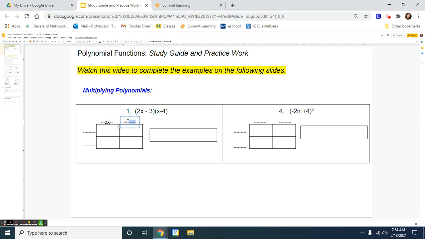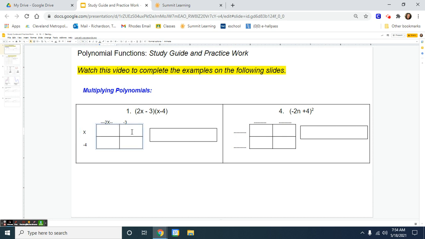So 2x and then a minus 3. I'm going to get rid of the line. And then on the side, I'm going to put x minus 4. So over here, I'm going to put x, and then a minus 4. Okay, so that's how you're going to start. Whatever your parentheses are, put those in the correct spot on the blank line.